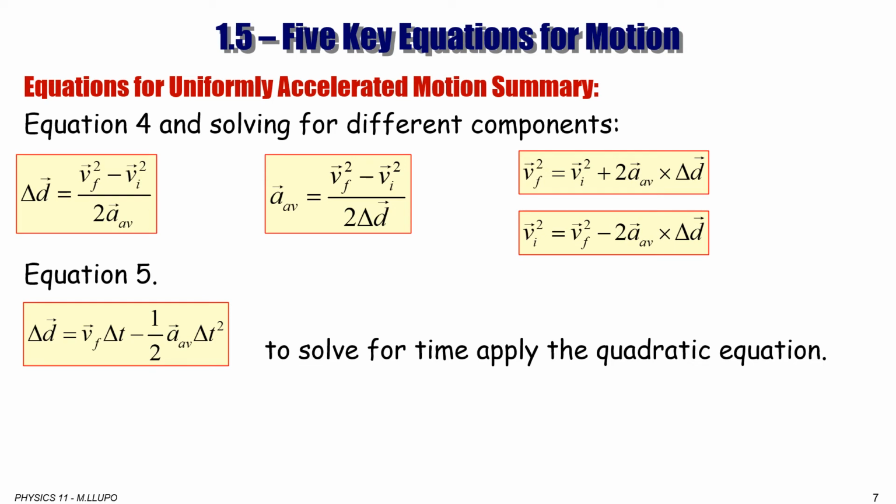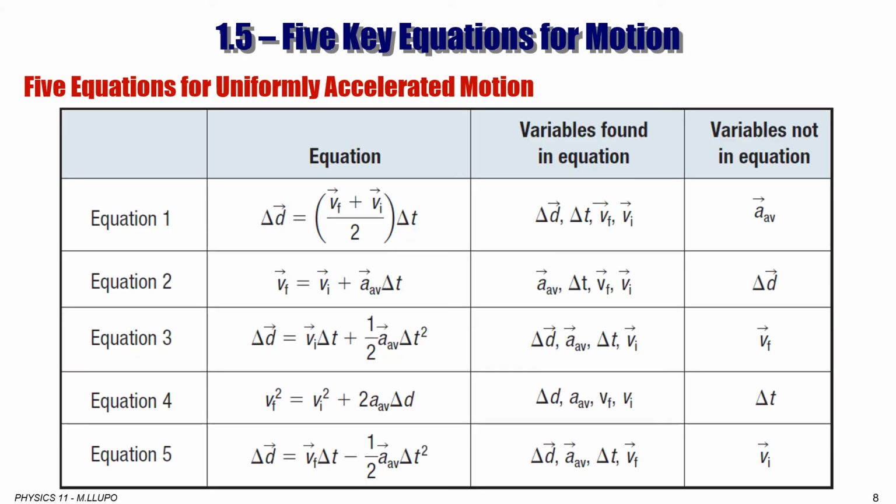And those are pretty much all 5 key equations. With rearranging those equations, you can even have more equations ready for you to solve physics problems. Here are the 5 key equations of motion, uniformly accelerated motion.